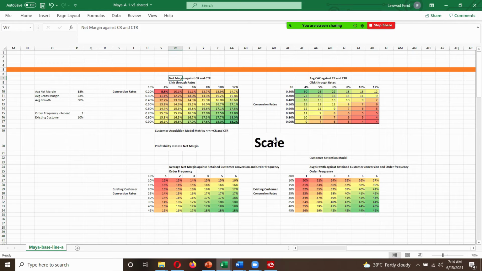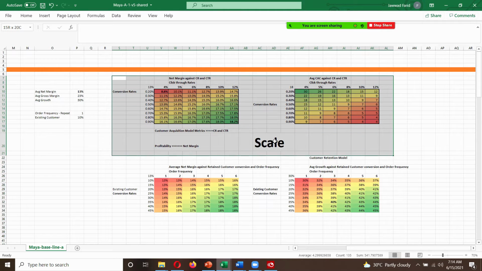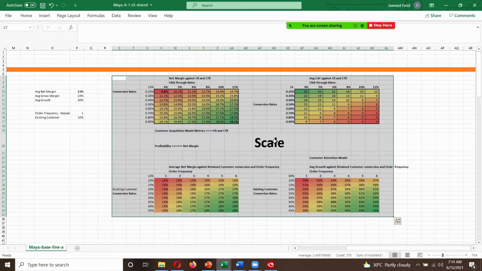So the reason we're putting in so much effort in the model is that we need a dynamic model. We need a model that has moving parts, components that can move around, so that you can do the tables that you see in front of you. If you have a static model, this is not possible.